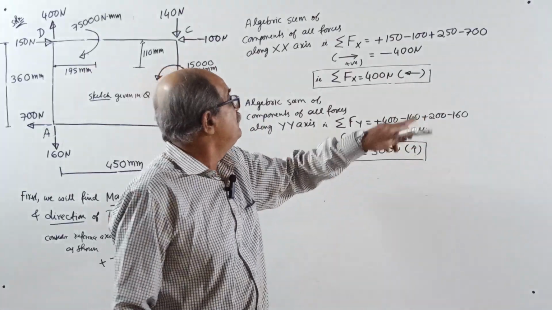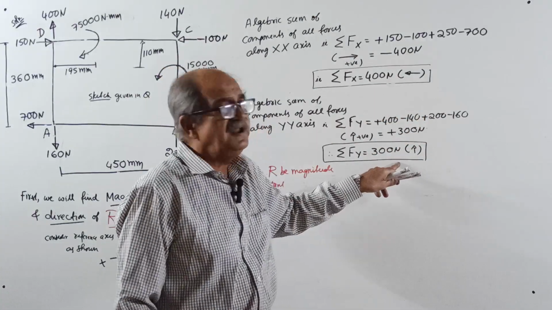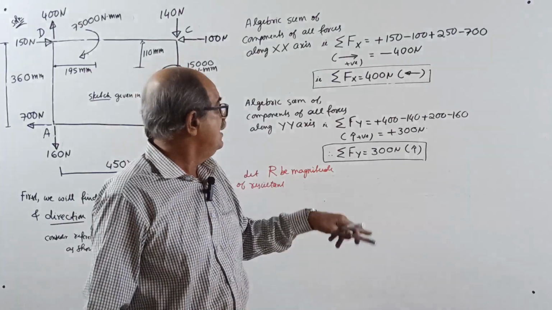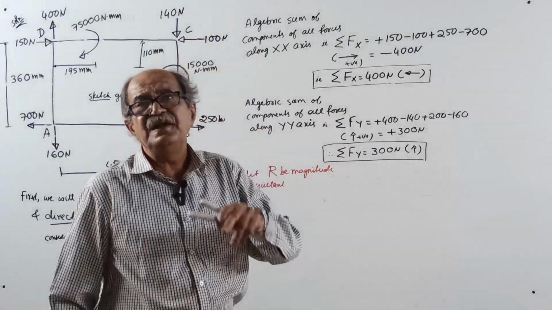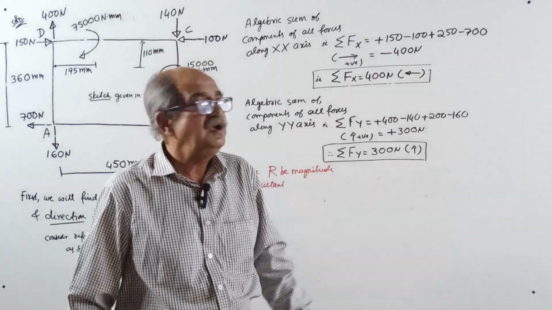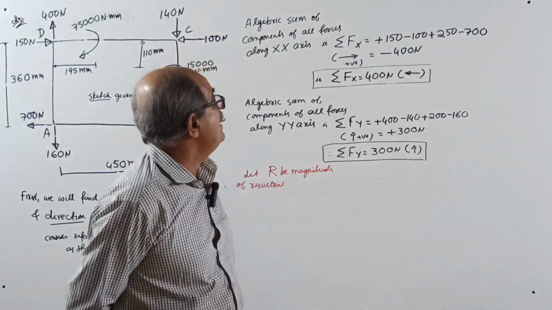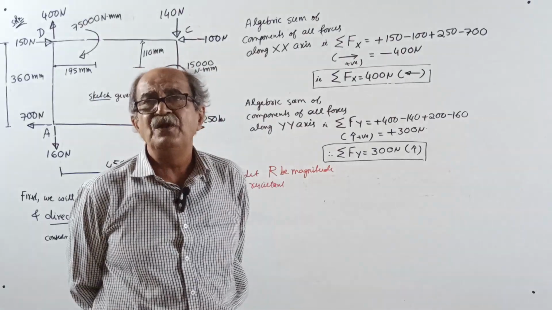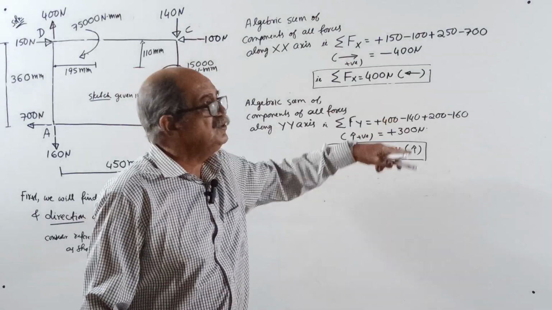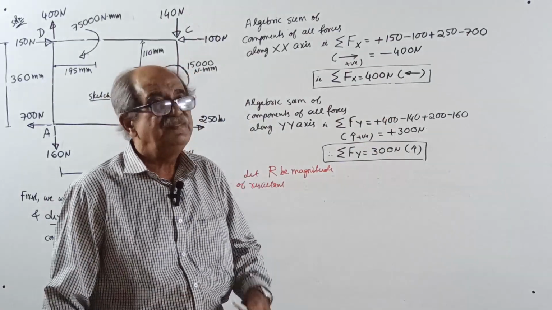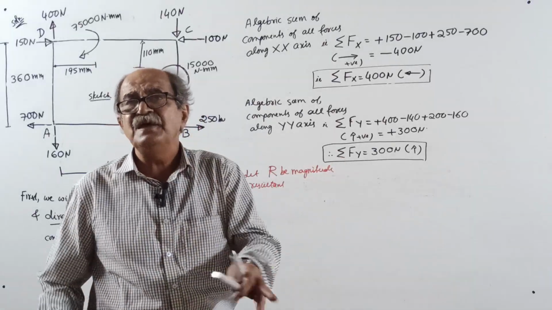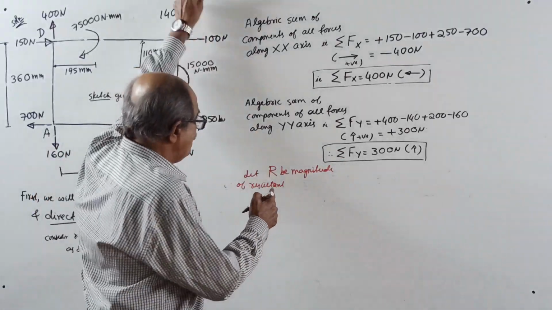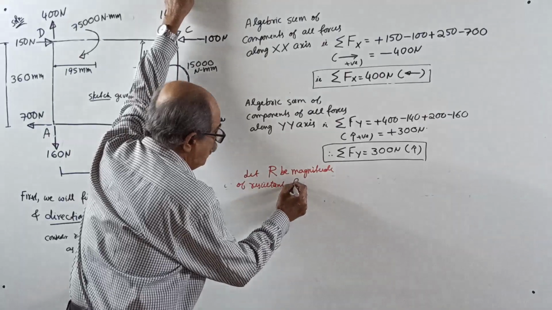If sigma Fx is 0, the resultant is purely vertical, or if sigma Fy is 0, the resultant is purely horizontal. Therefore, in the procedure, when you find sigma Fx and sigma Fy, if we get numerical values either for both or for any one of them, then the resultant is a force. So now I am writing: the resultant force.